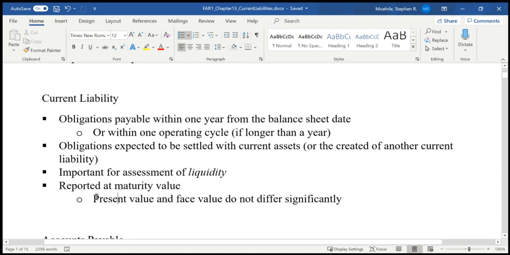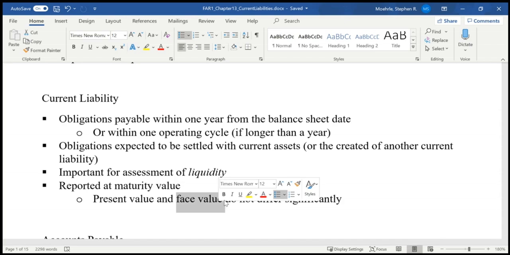Well, what gives is that the present value of a current liability is not materially different than the face or the amount owed. Because if we did the present value calculation to discount the amount, it wouldn't discount it all that very much. Thus, relying on the materiality principle, we don't do the present value calculation on current liabilities.